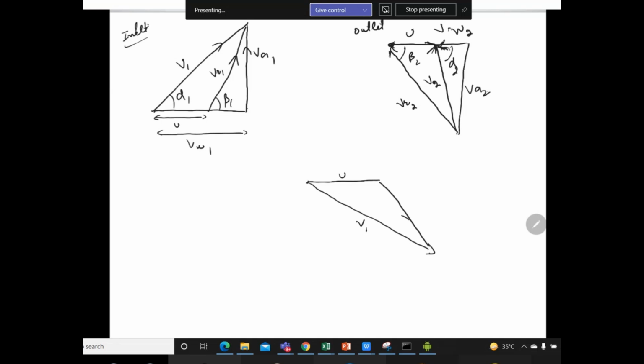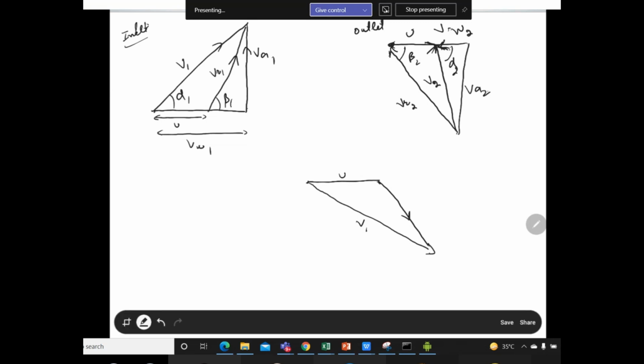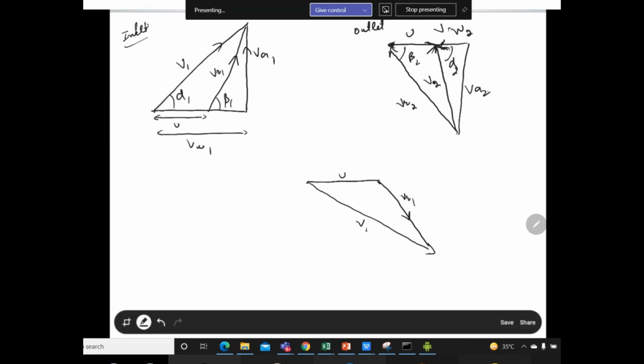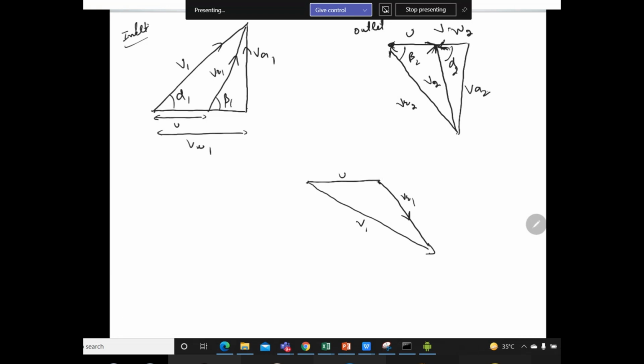You have to use a proper scale because the lines will be completely straight. Now we have the whirl component, and then the axial component.